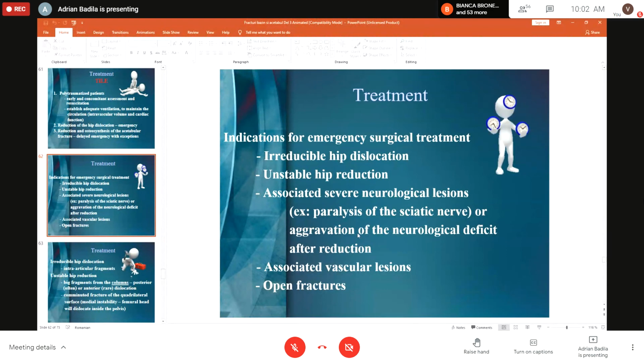Another indication for emergency surgical treatment is an associated vascular lesion or the presence of an open fracture of the pelvis. An open fracture must be treated in the first 6 hours after trauma.